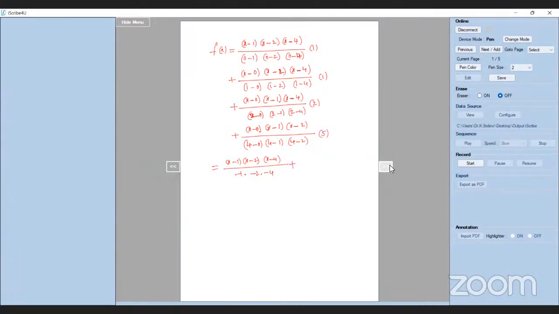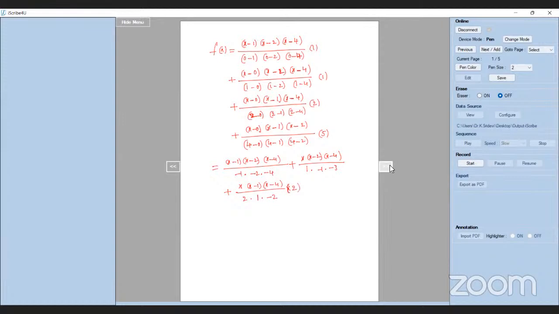Plus second term, (x minus 2)(x minus 4) divided by 1 into (minus 1) into (minus 3) into 1, that is 1. Plus next term, (x minus 1)(x minus 4) divided by 2 into 1 into 2 into 1 into minus 2 into 2.